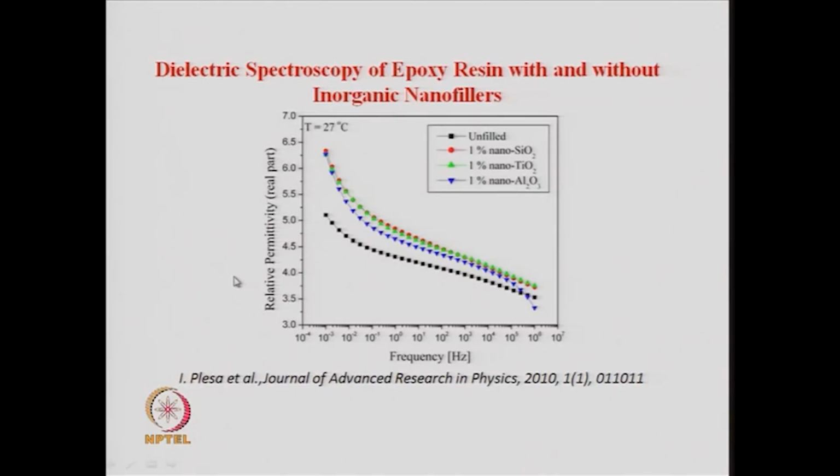This is again a plot of the relative permittivity, and this is the real part. So, epsilon, the permittivity, is a sum of the real part of the permittivity, which is epsilon prime, plus a term which depends on the dielectric loss, that is the imaginary part of the permittivity.